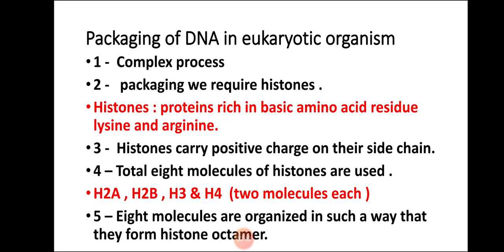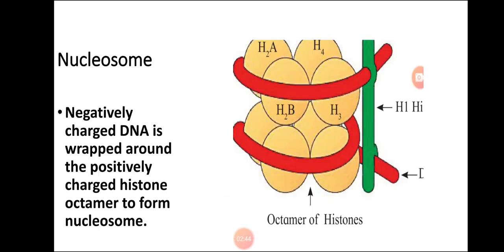Now let us see how they look after the arrangement. See this diagram, the octamer of histones looks in this way. You can see the red color wrapping, that is the DNA, and the round balls seen here are of histone. So we can say the negatively charged DNA is wrapped around the positively charged histone octamer, and this forms the nucleosome.